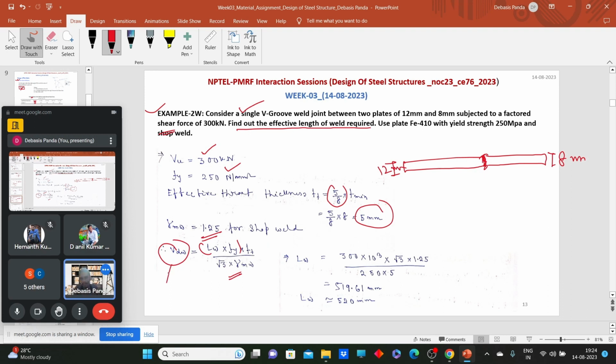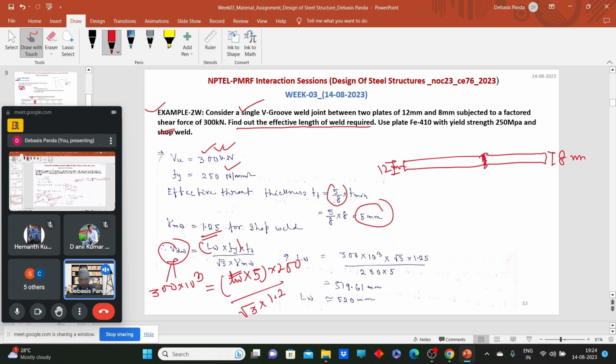How much force do we need to transfer through this joint? It's 300 kilonewton, so we need to equate it. 300 into 10 cube, to make it Newton, equals Lw, which we don't know, into the throat thickness of 5 mm, into Fy of 250, divided by root 3 into 1.25.